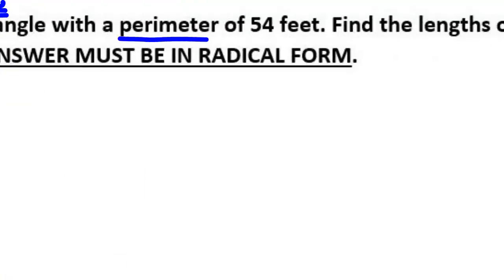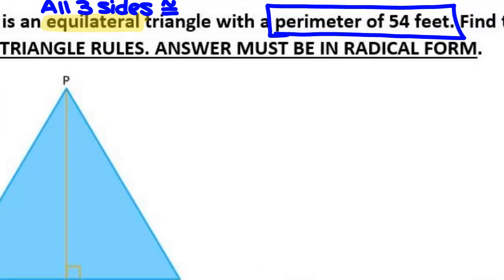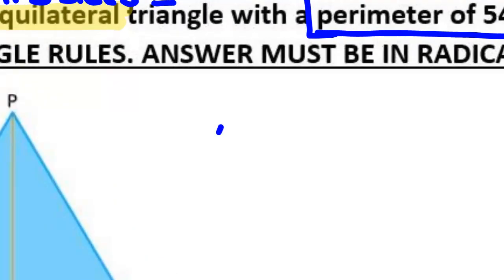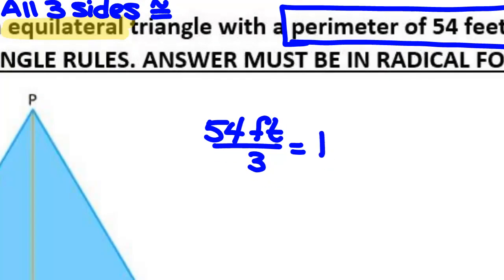It says it has a perimeter of 54 feet. How do you find perimeter again? Add all the sides together. So when I add all the sides together and all the sides are the same, I get 54. So how do I figure out the size of just one side? Divide by 3. So 54 feet divided by 3 comes out to be what? 18. 18 feet.